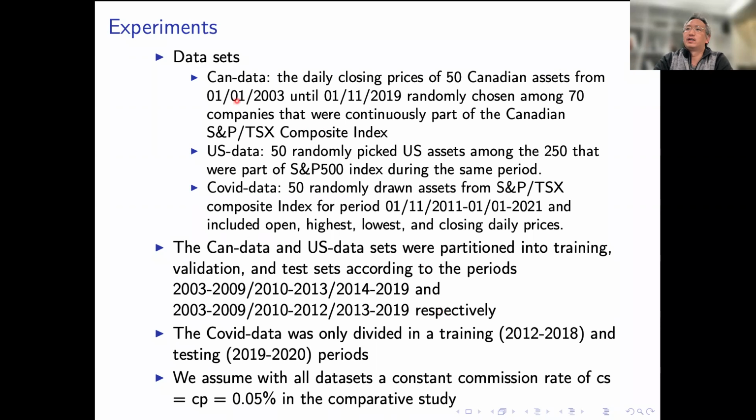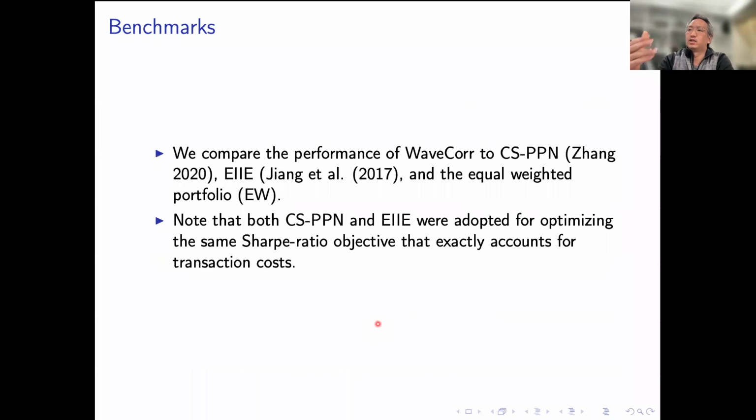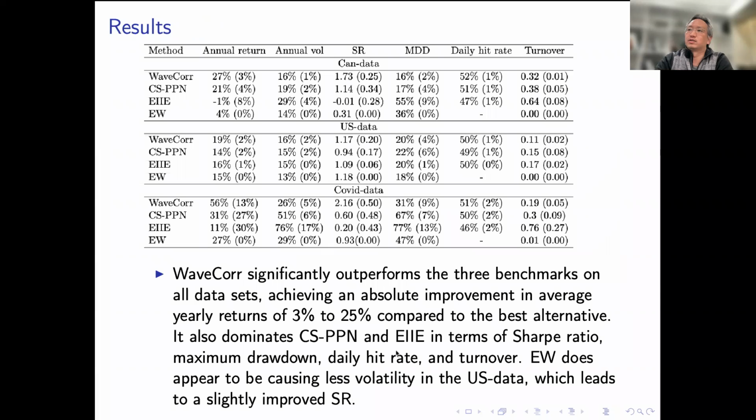We ran our new neural network architecture using the Canada data, the US data and the COVID data. What I mean by COVID is that we train the model using pre-COVID data, and then test the model using data from COVID, just to stress test how reliable the model is. We compare our performance with a few other models.